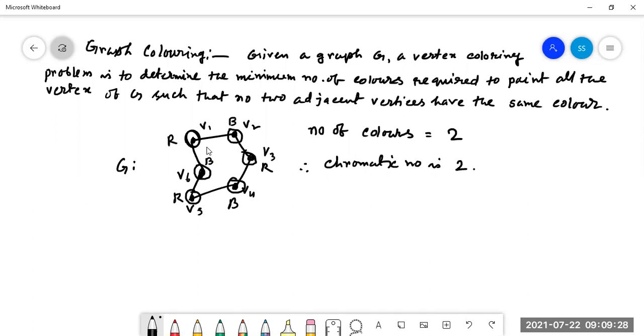The chromatic number of this graph is 2. Is it clear to all? Yes, sir. So this is called the chromatic number, and this is the way we color any graph.